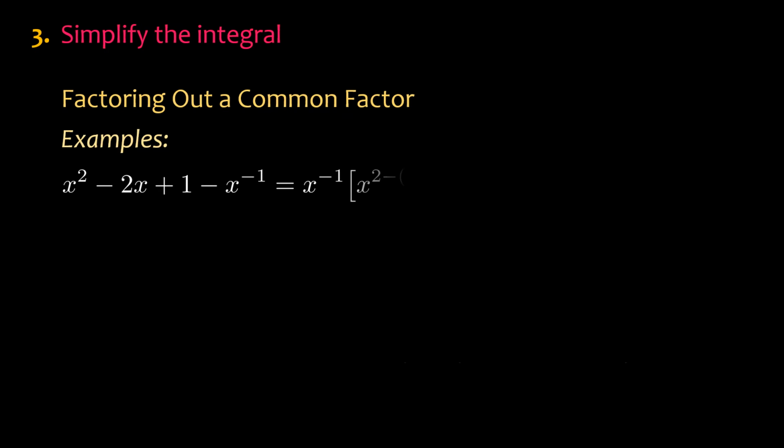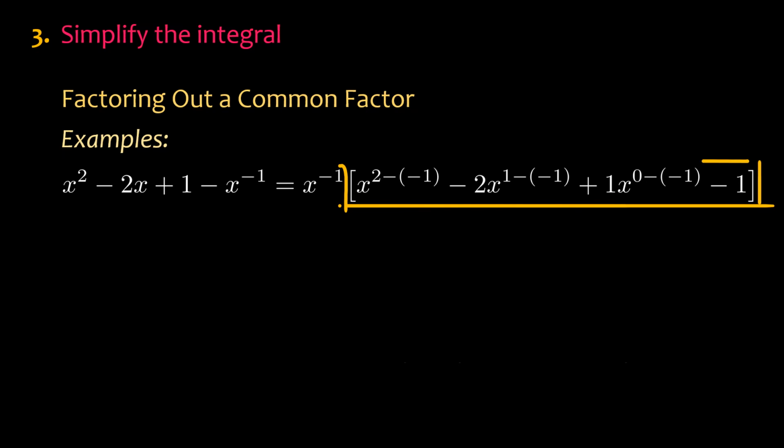Subtract this exponent from the exponent of the same variable of each term. This is the equivalent of dividing each term by the common factor.